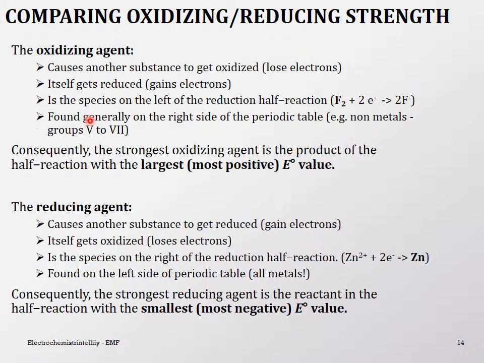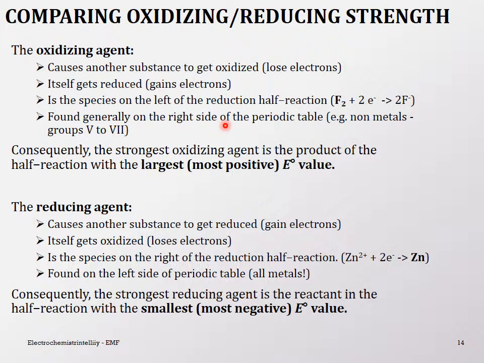Generally, what is an oxidizing agent is whatever is found on the right-hand side of the periodic table. For example, the non-metals are generally going to be good oxidizing agents. Anything on the left-hand side of the periodic table is not going to be a good oxidizing agent. However, remember that this is all relative, because if you're trying to compare the oxidizing and reducing strengths, you may not necessarily be comparing a metal and a non-metal.